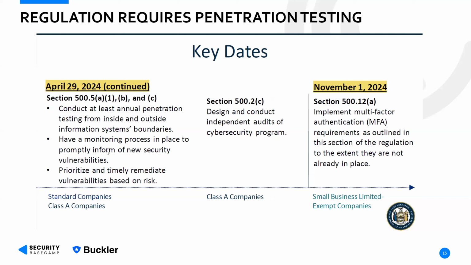You should have a monitoring process in place to ensure that you discover or detect new vulnerabilities. And then you should have some way, shape, or form of prioritizing those vulnerabilities and making choices about which will be remediated. When we're doing a risk assessment, I often hear, no, we've never had an incident, or we don't really have any vulnerabilities.